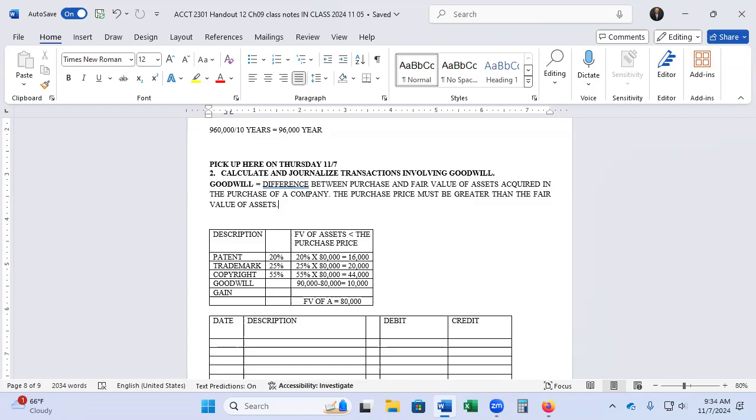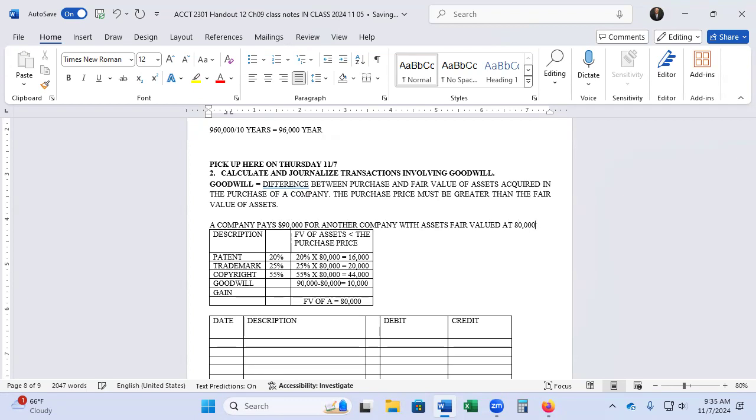Okay, and what I did was I cut a little excerpt out of one of the texts that I have available for this next part. So it's not really like a full problem, but hopefully it'll illustrate. So in this example, a company pays $90,000 for another company with assets fair valued at 80,000.